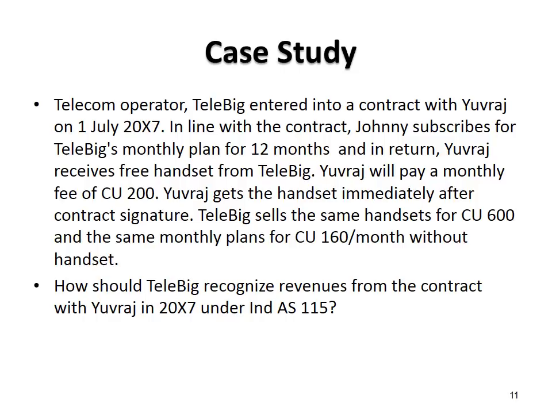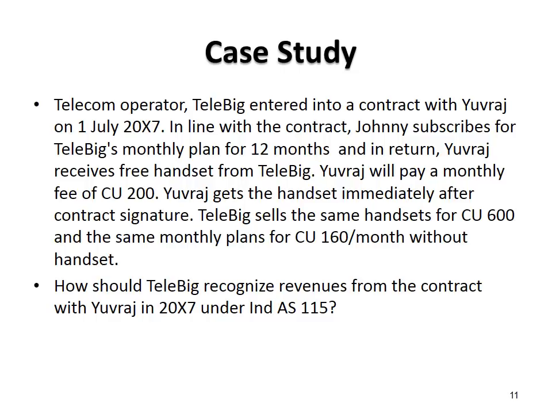Let us look at each step and identify what may be the solution. First, step 1, identify the contract with the customer. So there is a contract between Telebig and Yuvraj. Step 2, identify the performance obligations. What are the obligations of the telecom operator?